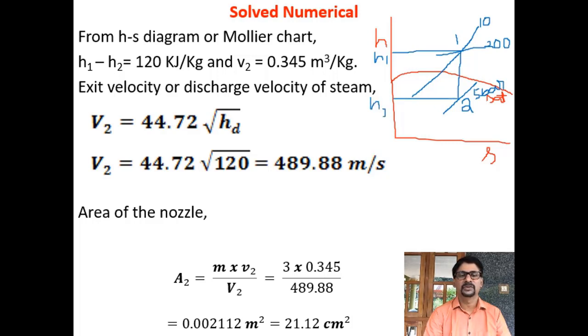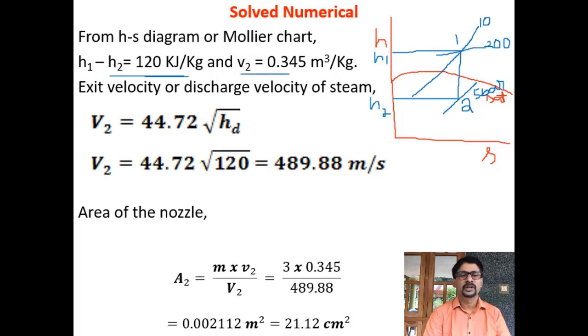Separately you can note down H1 and H2 and find H1 minus H2, and I found the difference, H1 minus H2, as 120 kilojoules per kg. Because the initial enthalpy is more and the final enthalpy is less, H1 minus H2, which is nothing but HD, is 120 kilojoules per kg.